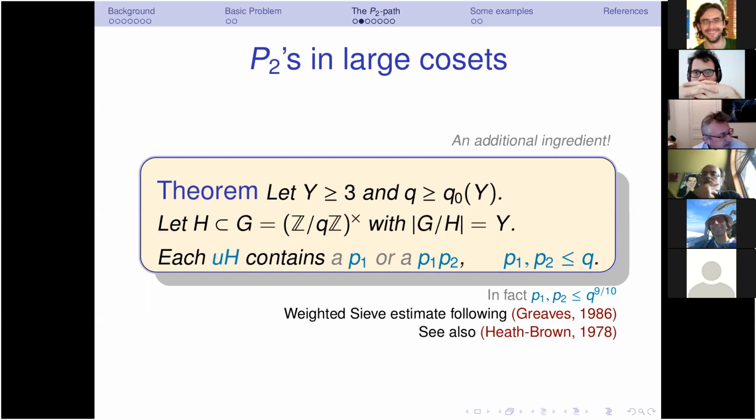Jean-Marc asked me this question one month ago. That's also strange if you look at this argument with P1 or P2, because in the argument we are going to use them as if they were in the same set. I use A star union A star, but in fact, if they are P1, they are large. They are close to Q to the 3/2.